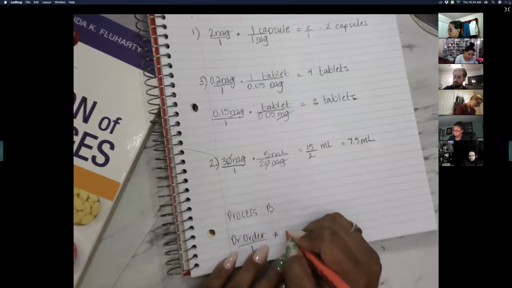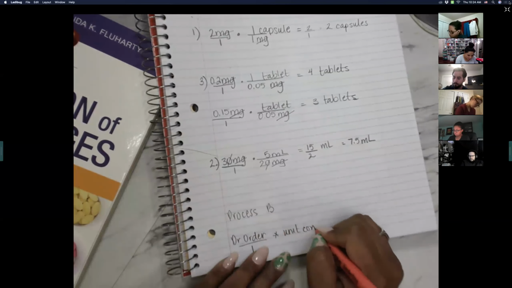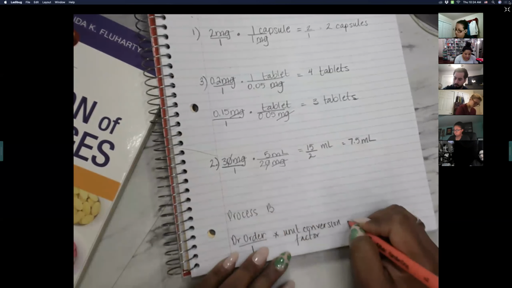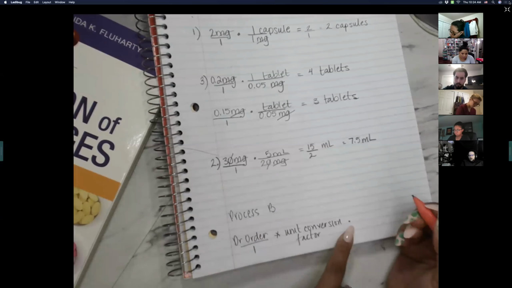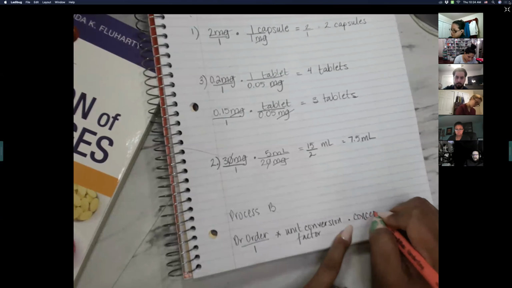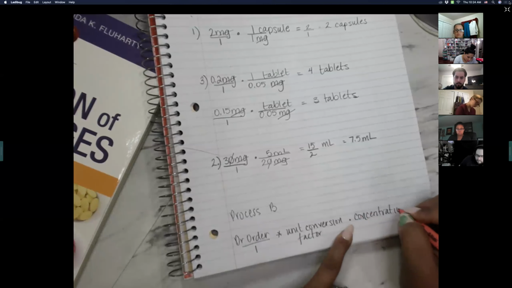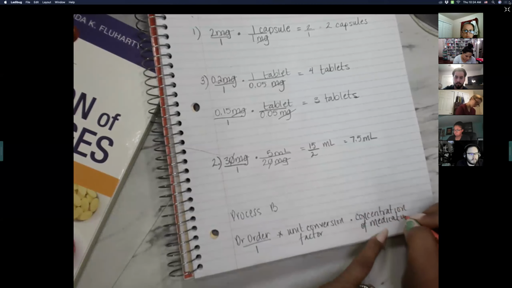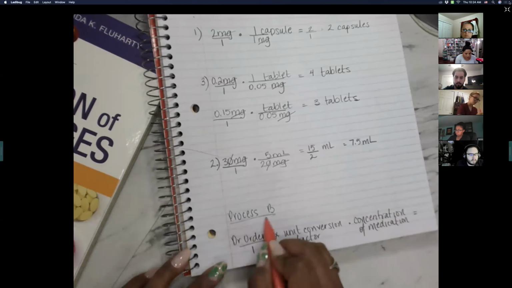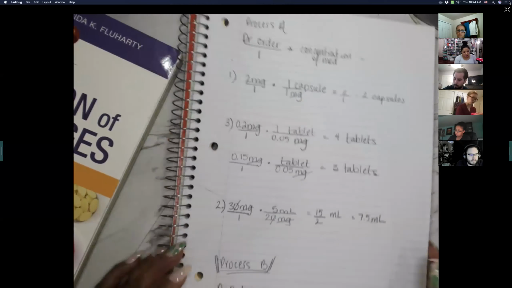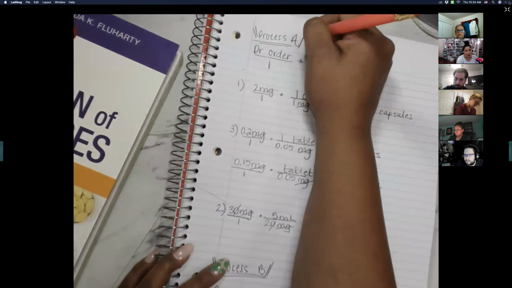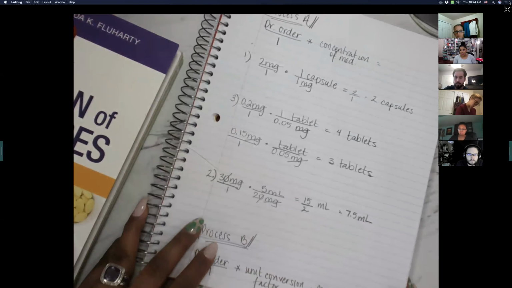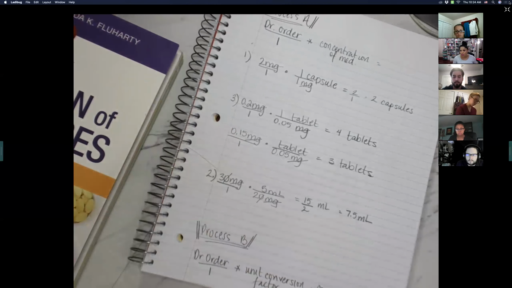It's going to include a unit conversion factor in the middle, and we're going to use that to tie back into the concentration of the medication. I know that sounds like garbage and meaningless right now, but I promise you, if you focus and just follow me with process A and process B, your life's going to be great. Okay? I promise. I'm going to make this as simple and easy as possible for you guys.